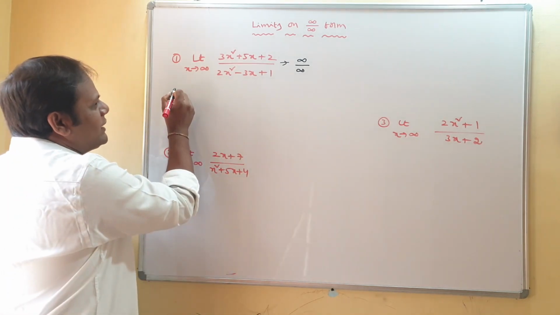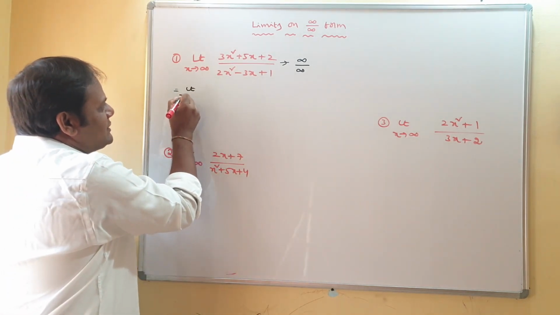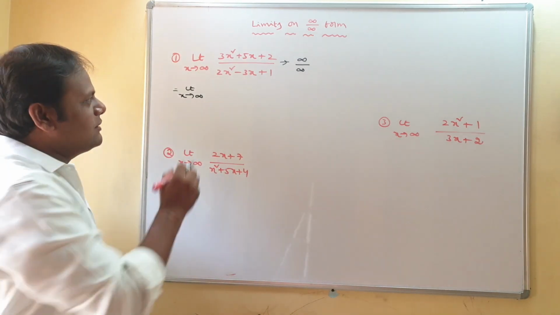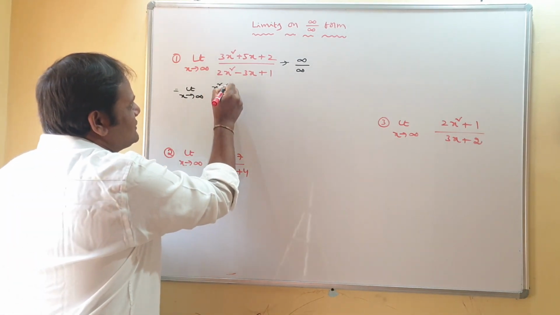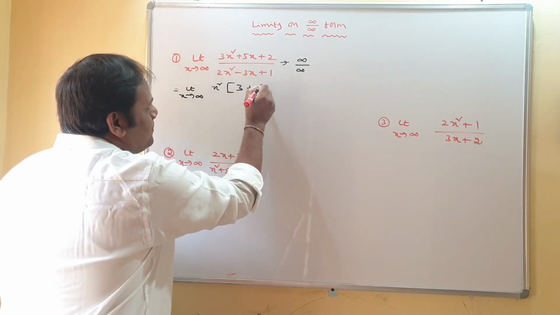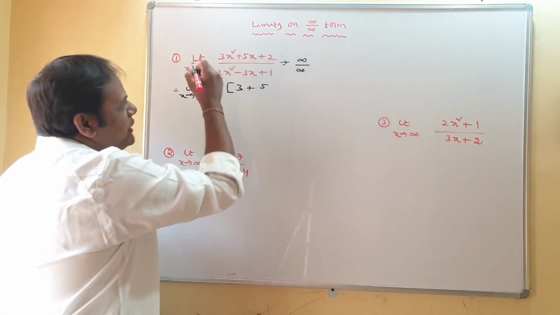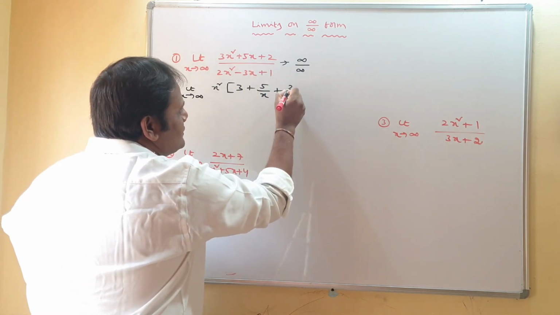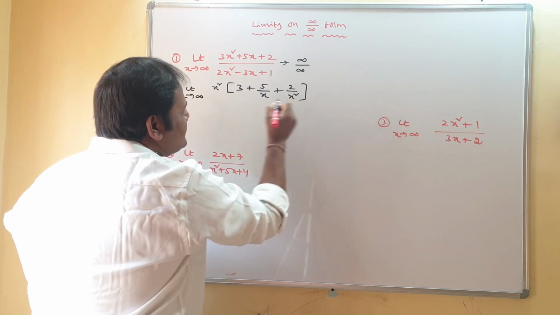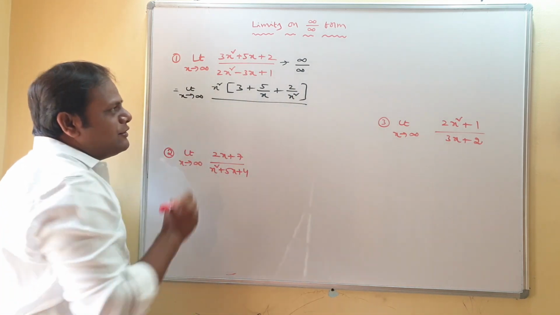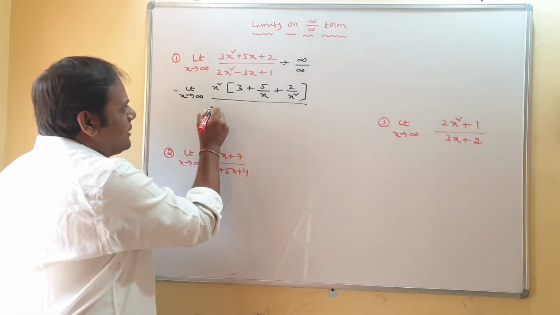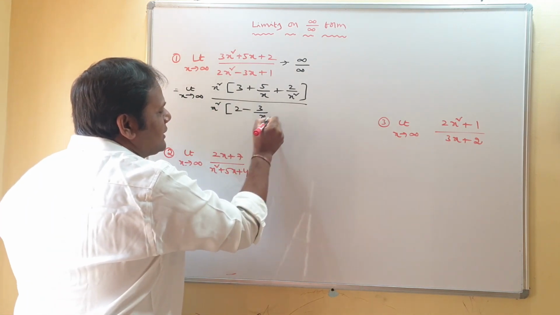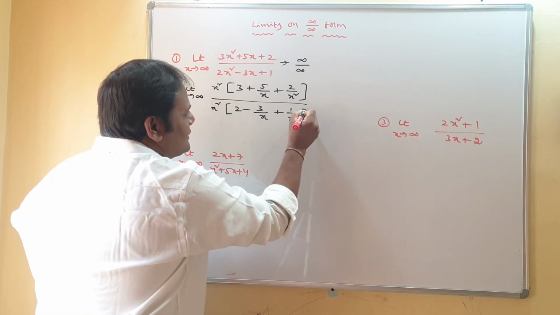See, what we can get, that is limit x tends to infinity. Here the highest term is x square, take x square common. So x square into 3 plus 5 by x plus 2 by x square, whole by, coming to the denominator, you take x square common, then it becomes x square into 2 minus 3 by x plus 1 by x square.